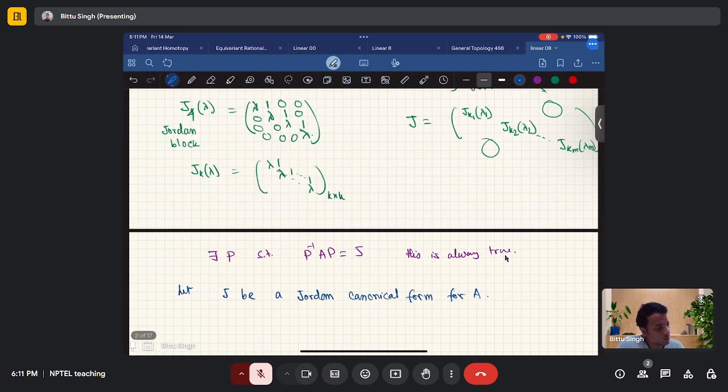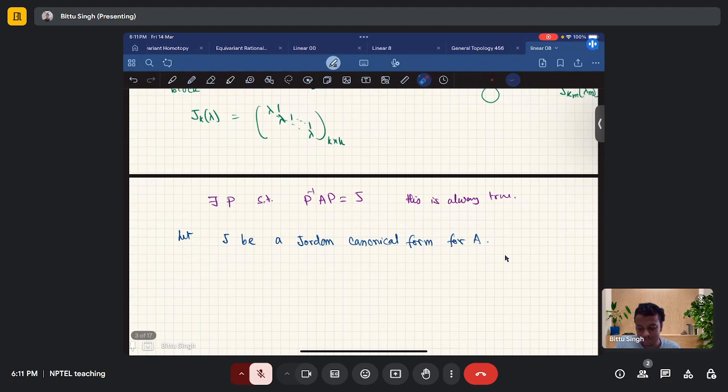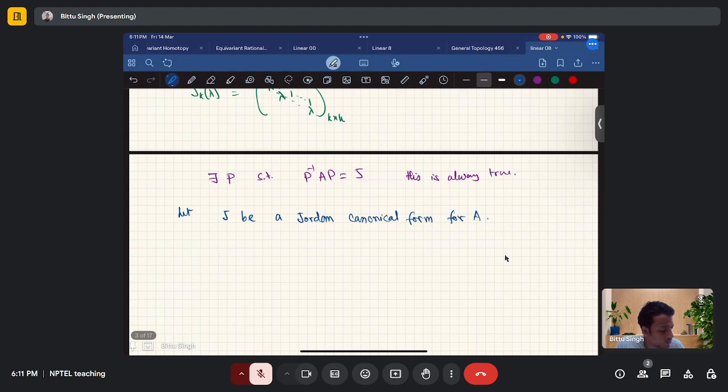First, note that the diagonal entries, for example lambda 1 and lambda 2, are eigenvalues, and the algebraic multiplicity of eigenvalue lambda is the same as the number of times lambda appears in J.